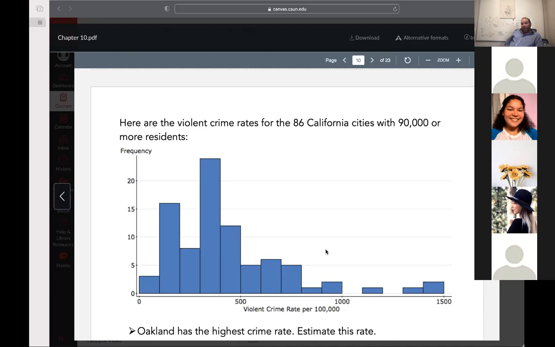But how many cities were in that last bar? Two. It certainly looks like 2, correct? So couldn't it be like 1401 and 1407? Wouldn't that make Oakland the highest? It could, yeah. So statistically, why guess 1499?